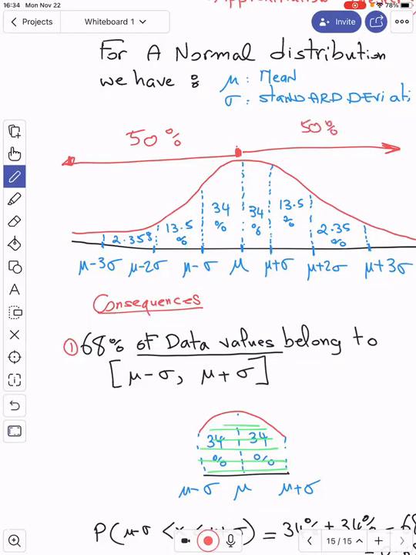So keep in mind that the mean divides the area under the graph into 2 equal parts, and the area of each part is 50%. All right. Any questions so far, guys, before the exercise? Let me see the chat. Nope.